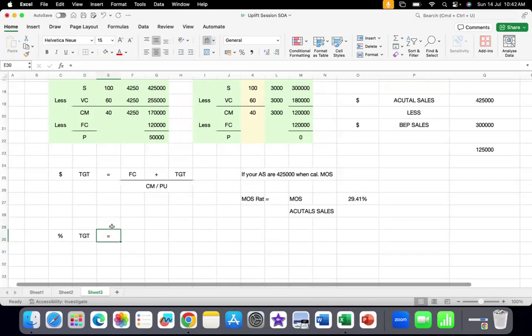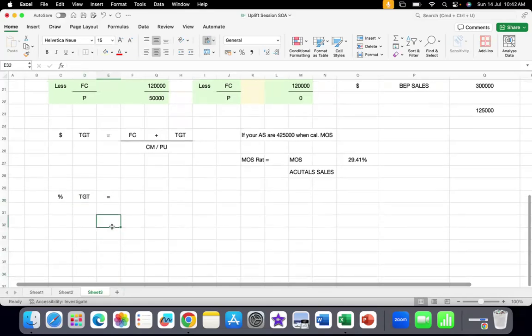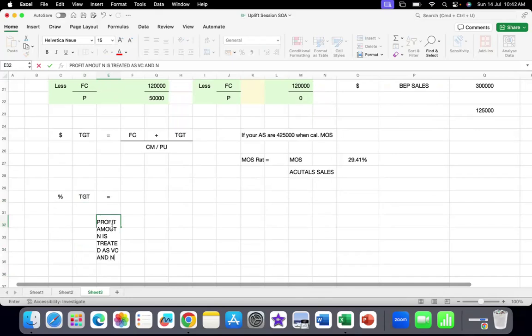So this is kind of a homework for you. I'll tell you the hint on this. It says profit amount is treated as variable cost, and new contribution margin is to be calculated.